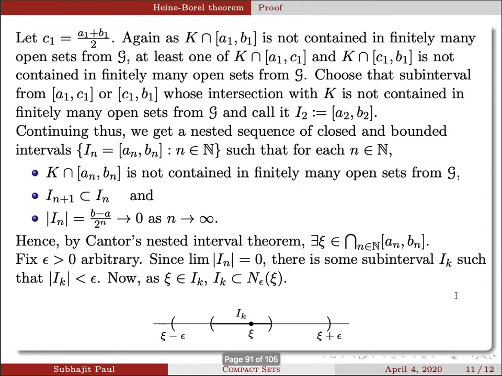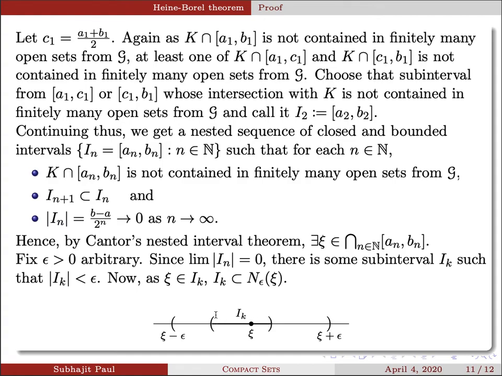Let's see the detailed picture here. So here you have xi. Here you have xi minus epsilon to xi plus epsilon. Xi is stretching its hand to both left and right side, and the length of the hand is epsilon. Now here you have Ik. Xi is inside Ik, and the total length of Ik is something smaller than epsilon.